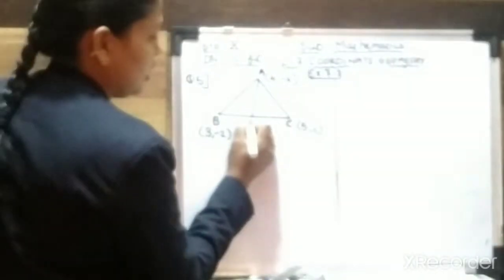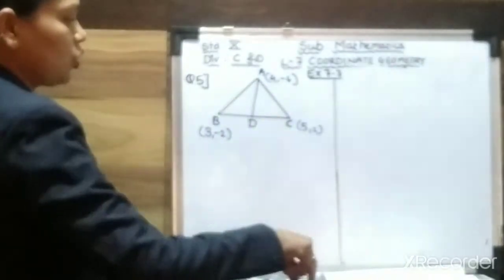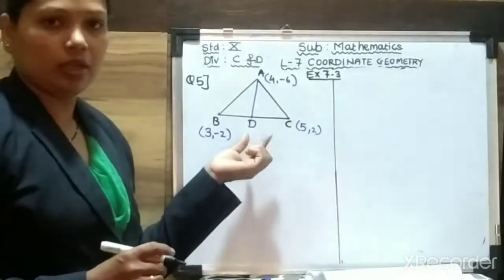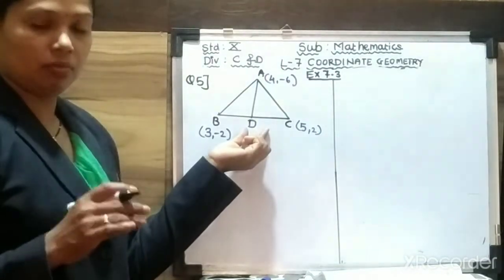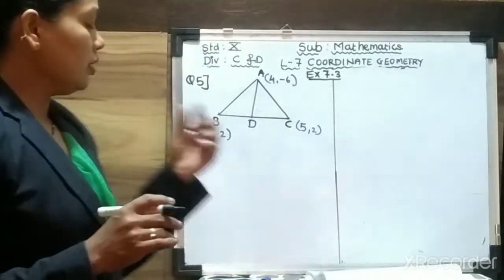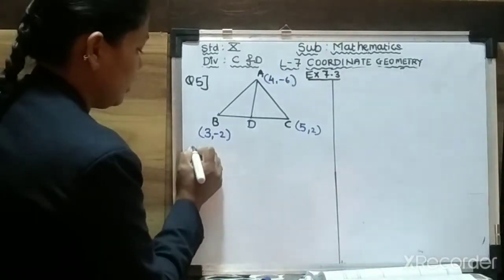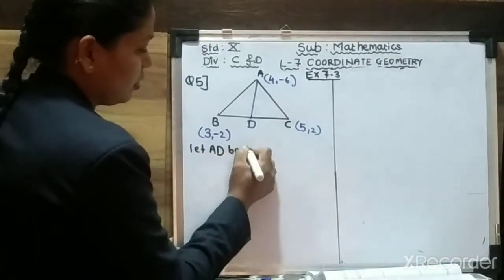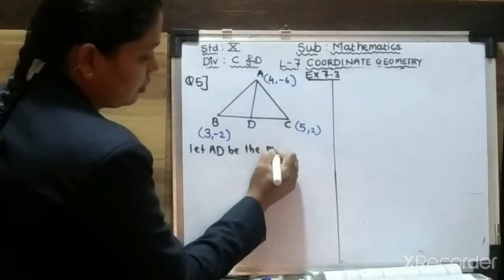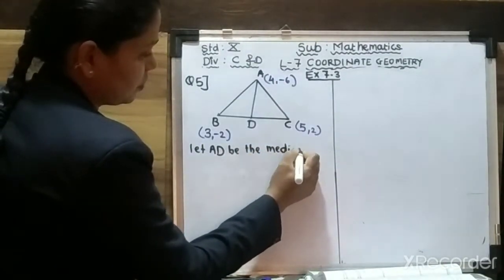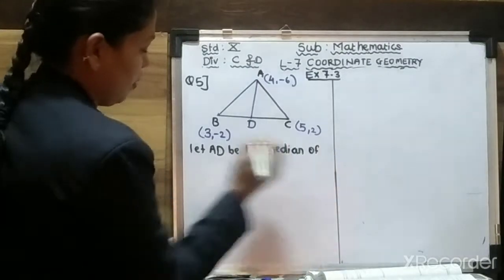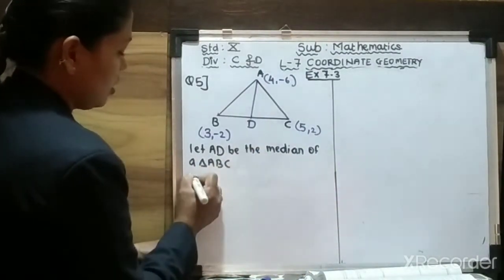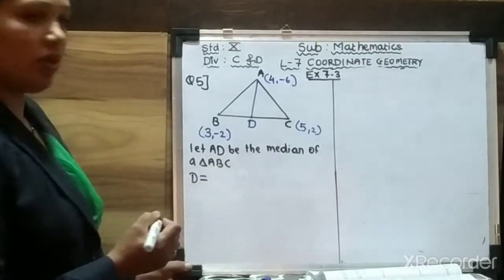I'll take this as D, and its coordinates we are going to find out. As we know how to find the midpoint coordinates. Let AD be the median of triangle ABC. Therefore, let us find the D coordinates.